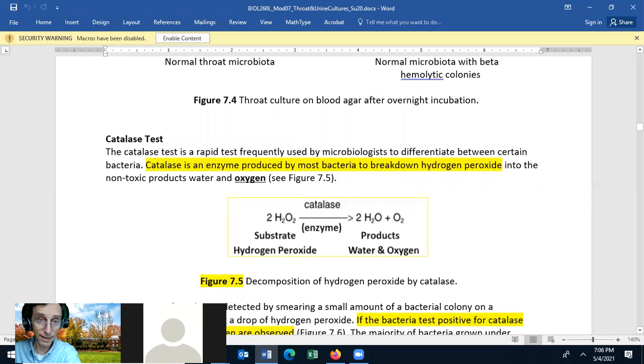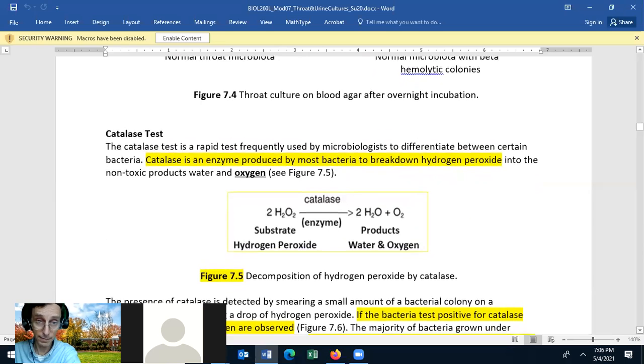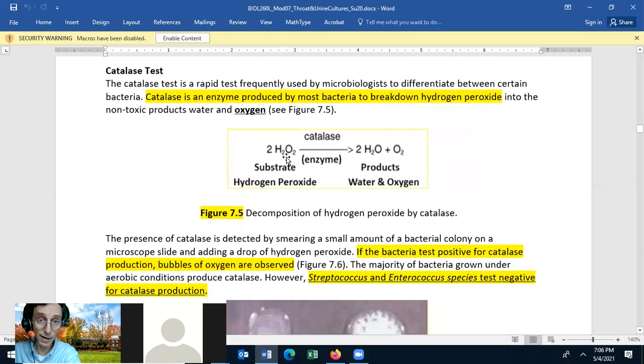Catalase is an enzyme produced by most bacteria to break down hydrogen peroxide. Here is hydrogen peroxide. 2 of them, in the presence of catalase, produce 2 water molecules and oxygen. The oxygen creates bubbling, which can be easily seen.